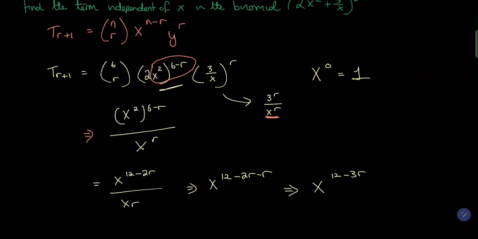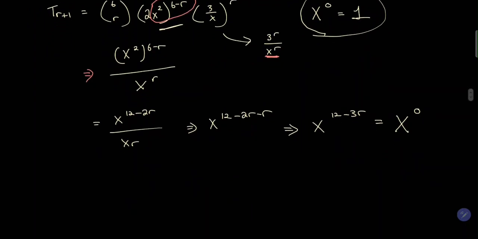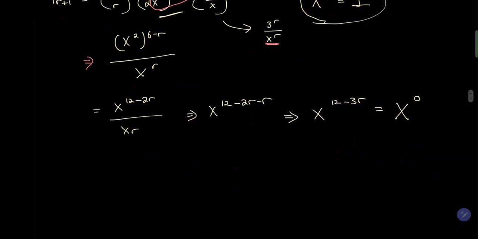You're only interested in the x values because you want to see which value for r is going to give you x to the power of 0, because that term will have no x. x to the power of 0 is just going to be 1. So we can let the two indices equal each other: 12 minus 3r equals 0. Move everything around to isolate r.